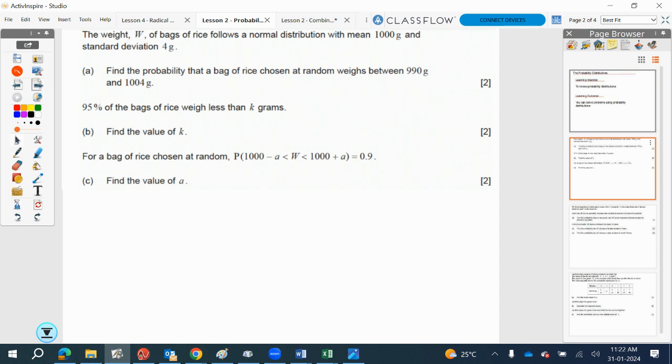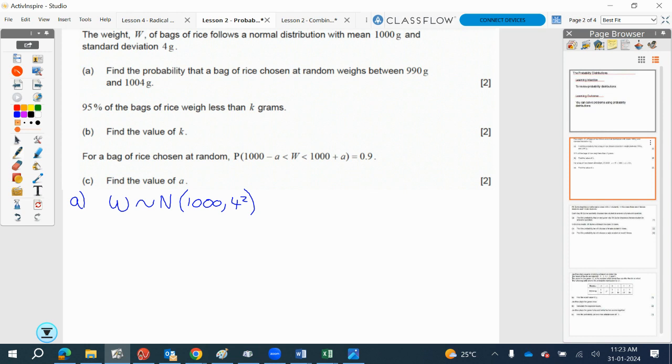So, how is W distributed? W is normally distributed with a mean of 1,000 and standard deviation of 4, and a variance of 4 squared.